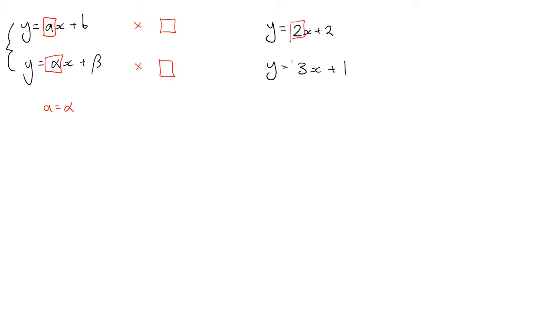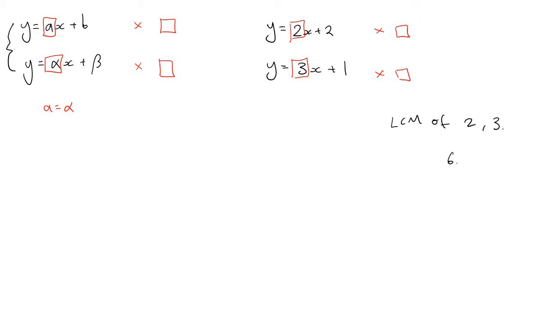That's 2 and that's 3. We want to make that into the same number by multiplying the whole equation by some constant. To do that, we need to find the lowest common multiple of 2 and 3. The lowest common multiple of 2 and 3 is 6, because 2 times 3 is 6.